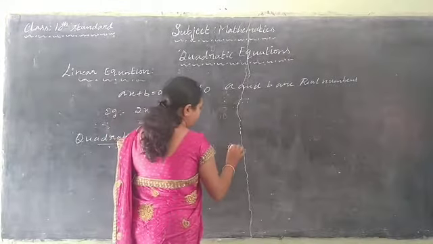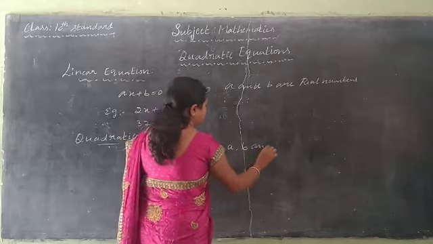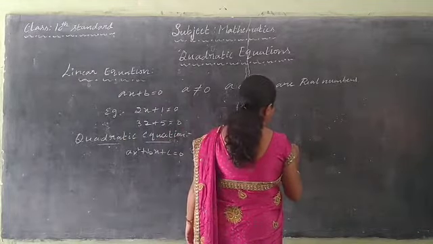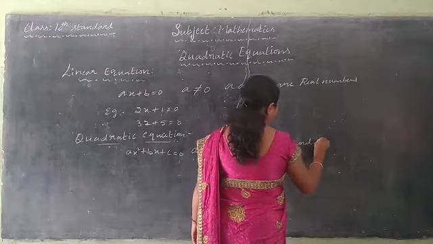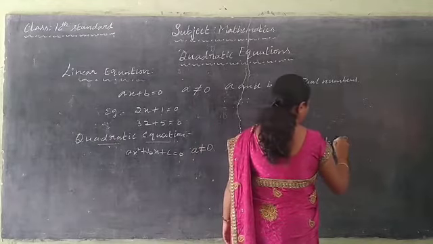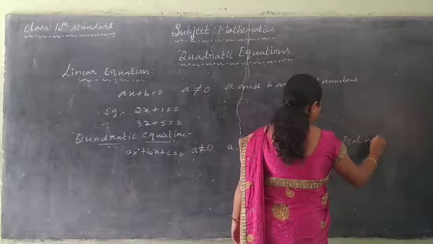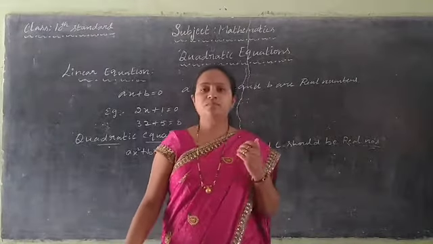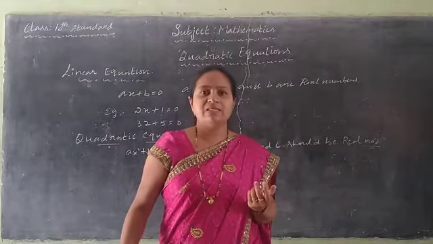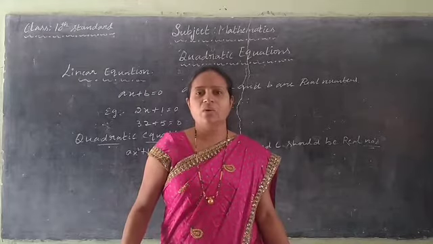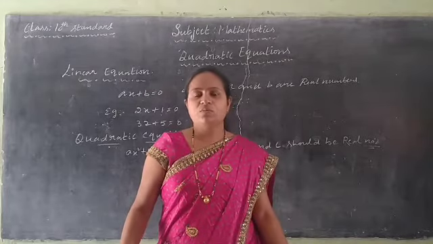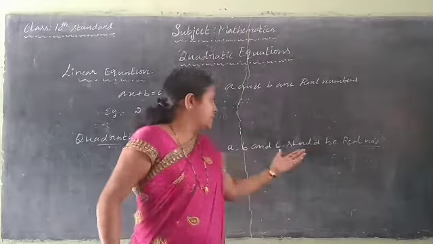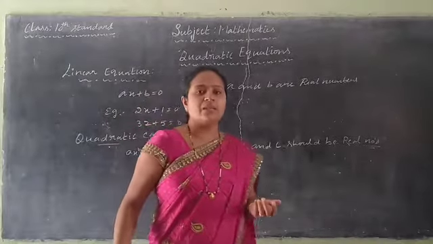And remaining terms like a, b and c should be real numbers. Understood? The equations which are in the form of ax square plus bx plus c is equal to 0 are called as a quadratic equation. And one more thing is, here the value of a should not be equal to 0 and remaining terms like b, c and a should be real numbers.